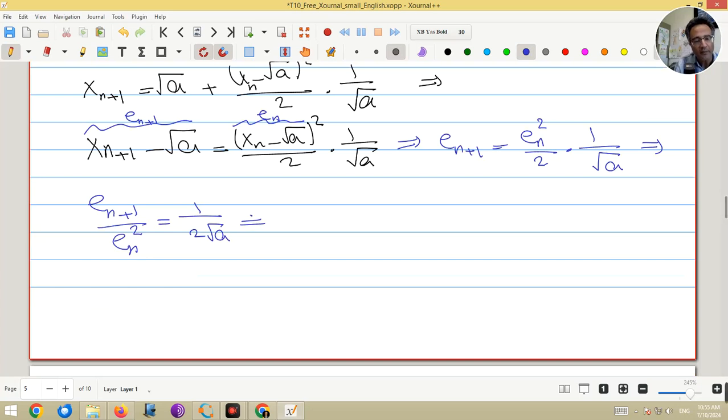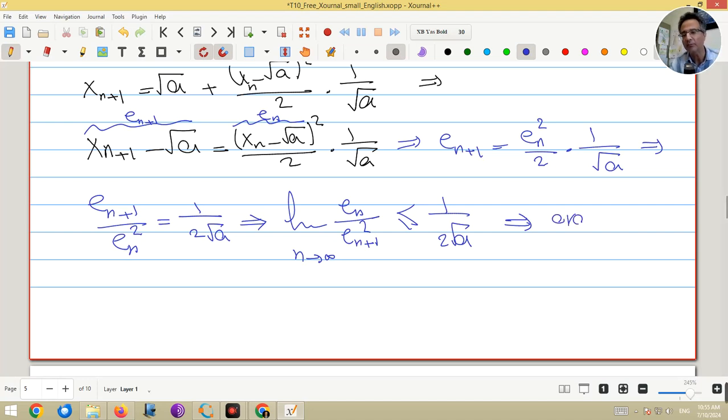This gives the limit of e_{n+1} over e_n squared as n goes to infinity is 1 over 2 square root of a, which is nonzero, and by the definition of the order of convergence, it gives that the order of convergence is exactly 2.